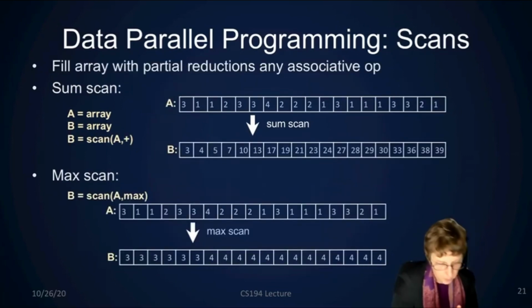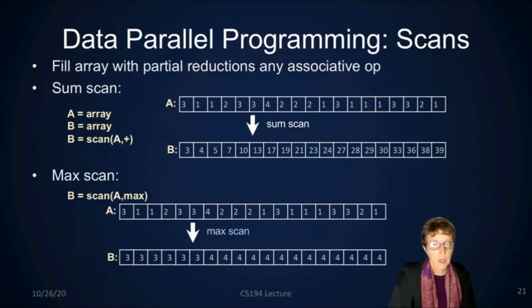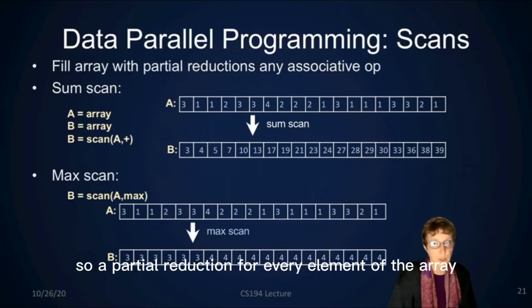But now another version that's similar to reduction is a scan. And a scan is going to do a reduction on every element, so a partial reduction for every element of the array.